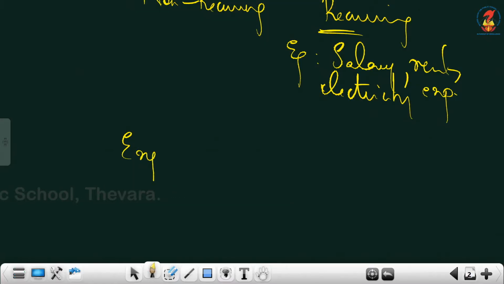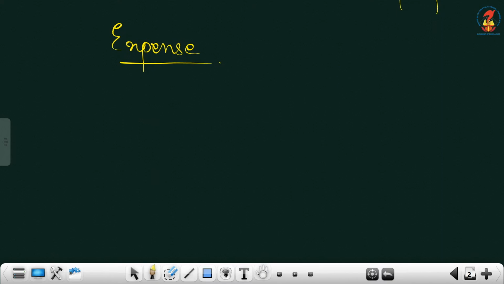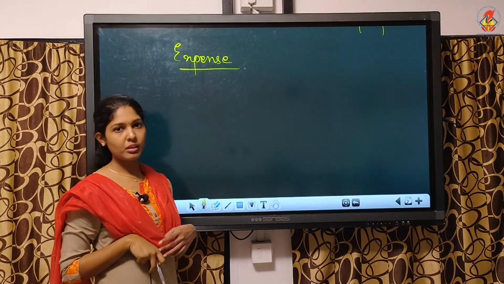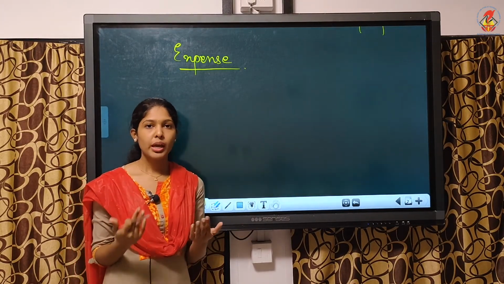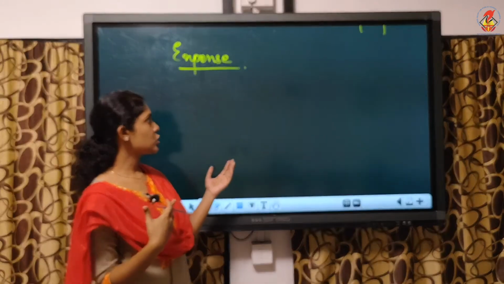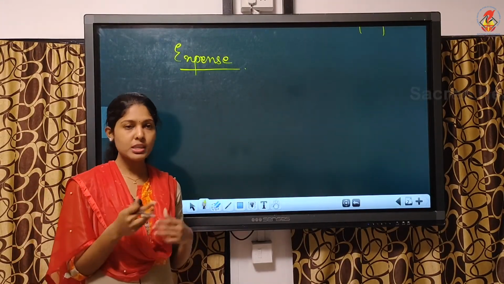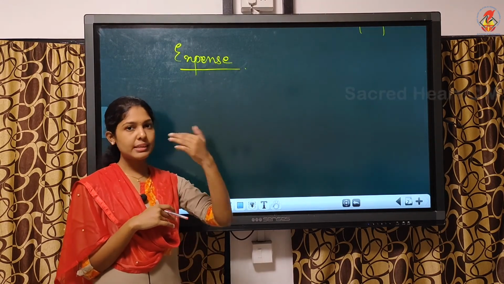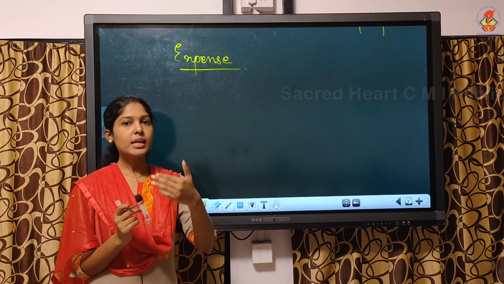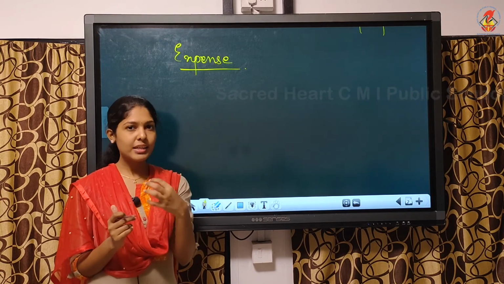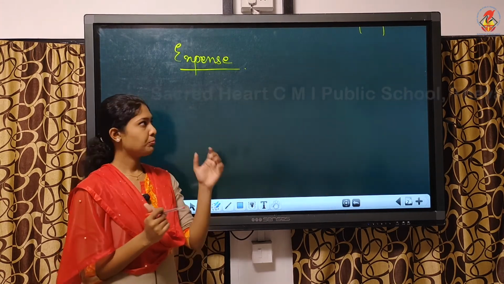Next we will discuss the term expense. So expenditure and expense, from a layman's point of view, both are the same. Usually in our day-to-day life, sometimes we will mention it as expenditure, sometimes as expense. We will use both these terms interchangeably, but actually in accounting there is a slight difference between these two.